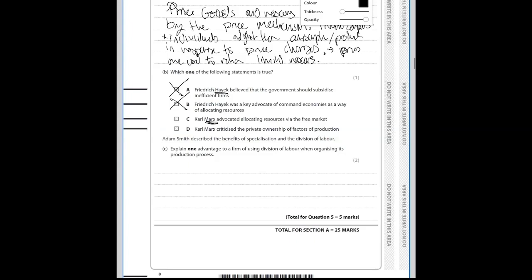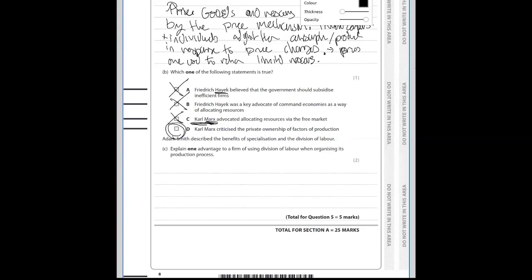He is a big proponent of not having private property and not having private control of resources. So very much the opposite end of the spectrum, and he would not be a fan of allocating resources via the free market. D says Karl Marx criticized private ownership of factors of production. This is correct, again for similar reasons. He is basically opposed to private property. E says Adam Smith described the benefits of specialization and the division of labor.